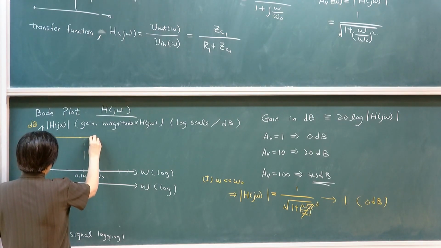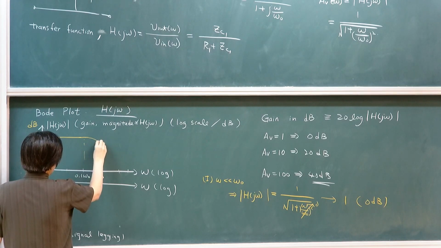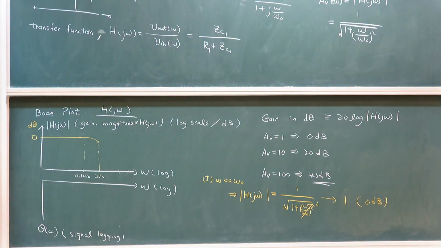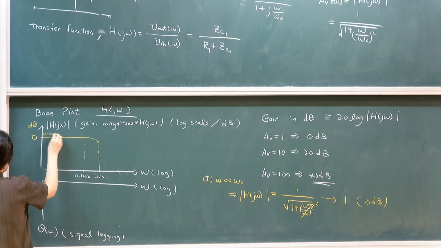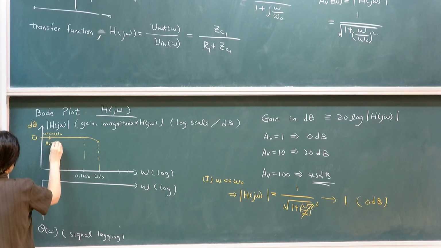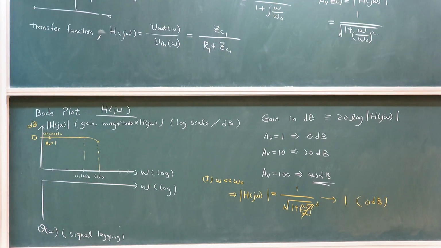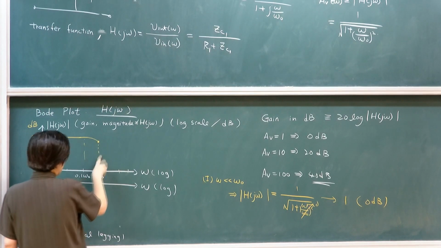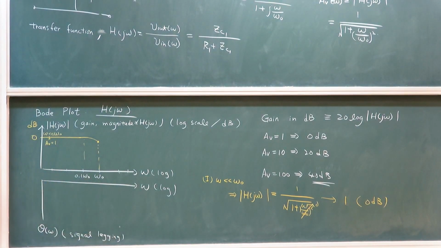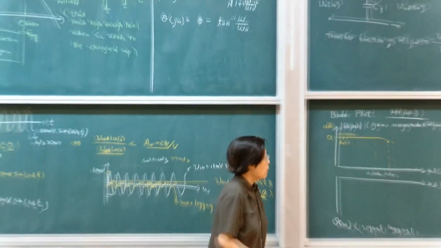So this is when omega is smaller than omega 0, where we know that the gain is approaching 1. But when it hits a particular point, this is the corner of the turn. This is the turning corner, where we highlighted. This is referred to as the corner frequency.